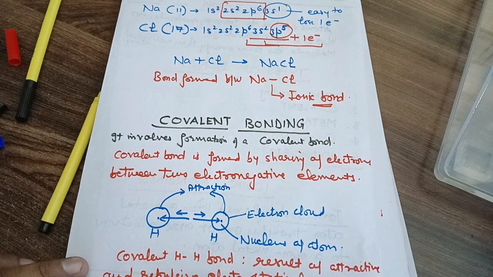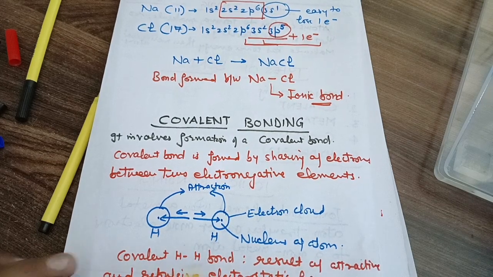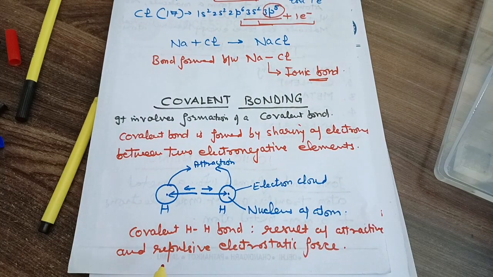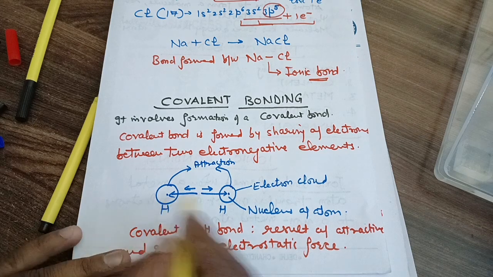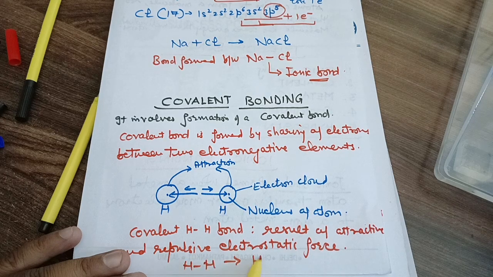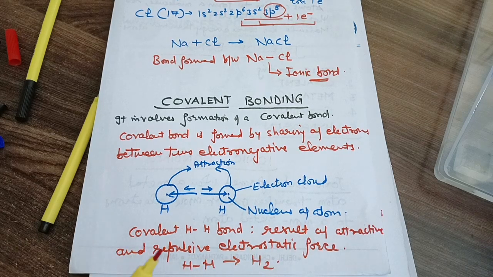Electrostatic force is both attractive as well as repulsive, right? So there is a net result. H and H unite to form a hydrogen molecule. So it is a simple example.